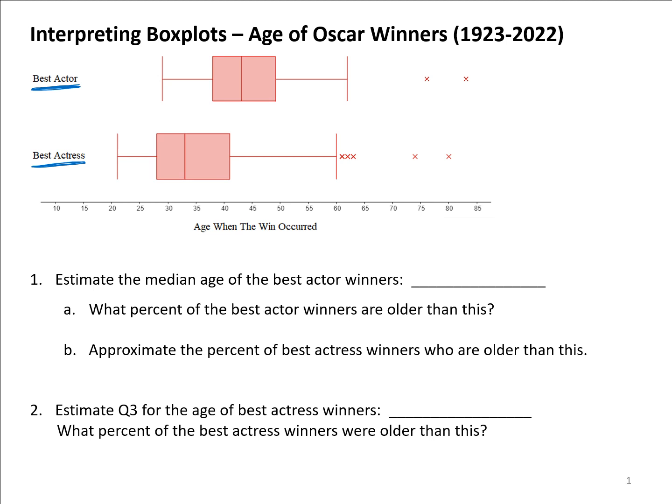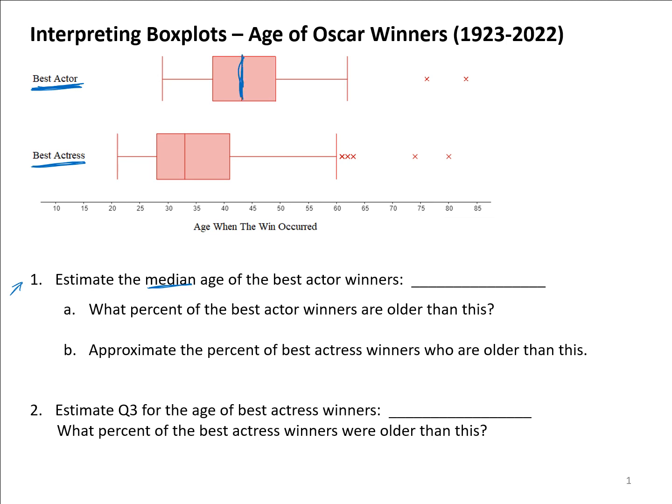So first of all, question one, let's estimate the median age of best actor winners. Well, it's saying best actor, so we're going to look at the top box plot. So the top box plot, we have best actor winners, and if we want the median, the thing to remember about a box plot is the median is going to be right in the center where you have that line, that vertical line in the box.